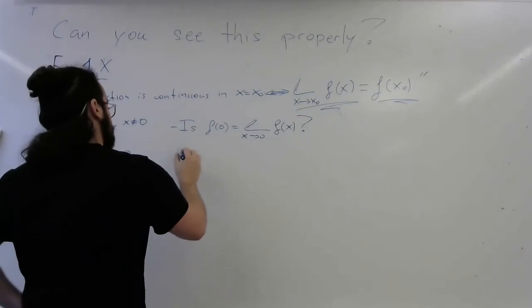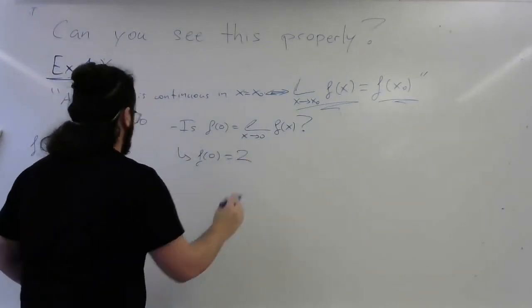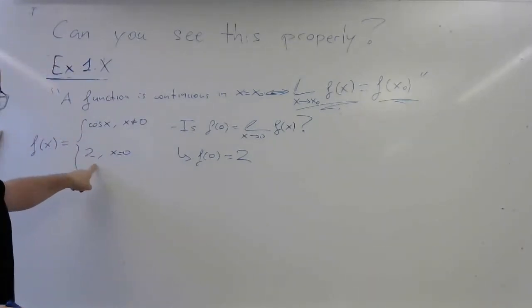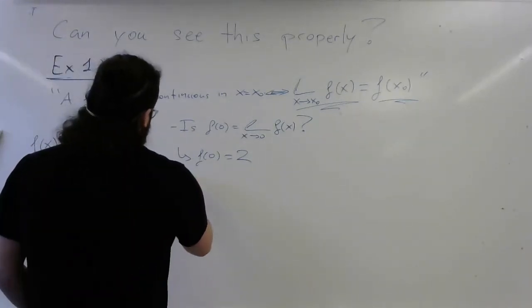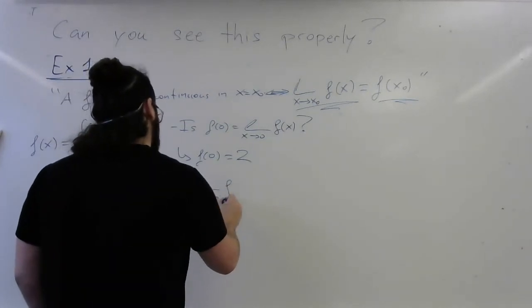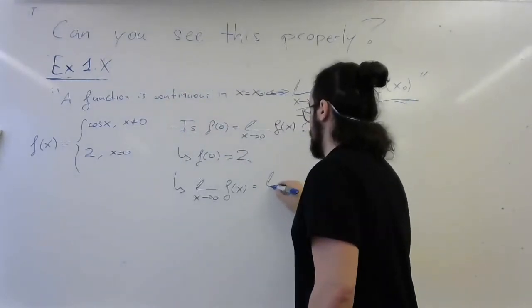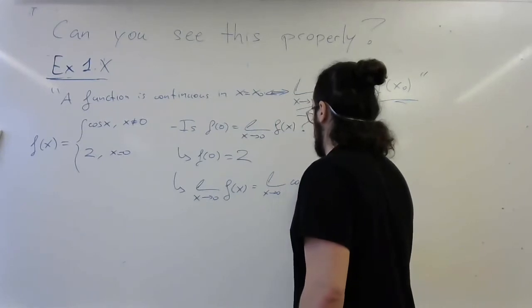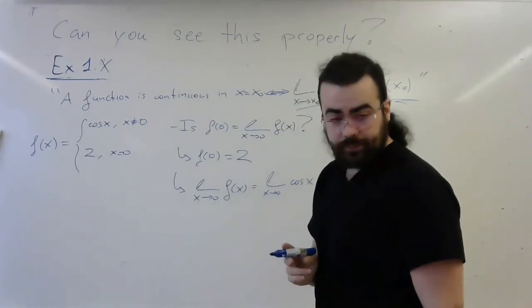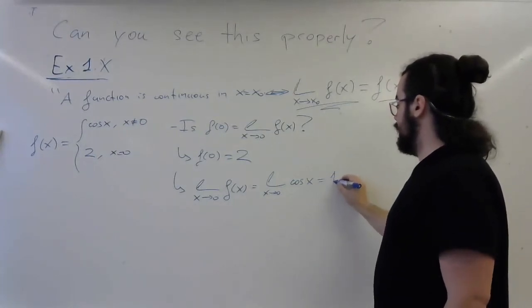Now, on the one hand, f of 0 is 2, which is defined here. On the other hand, the limit when x tends to 0 of f of x is the limit when x tends to 0 of cosine of x. And this is 1.